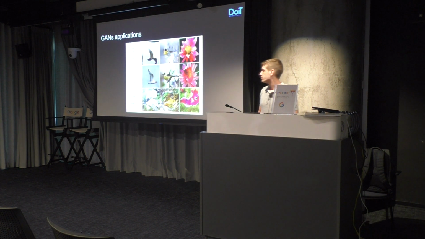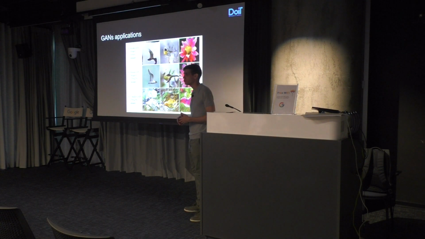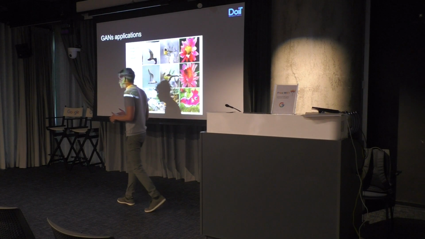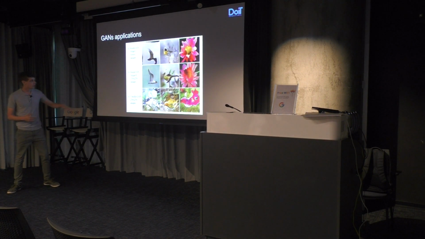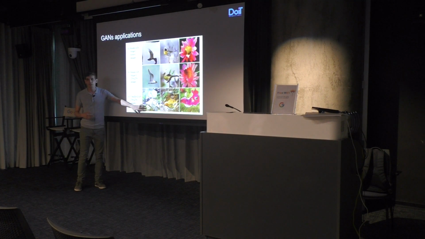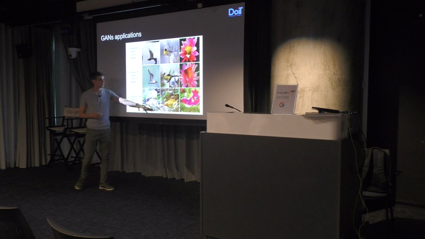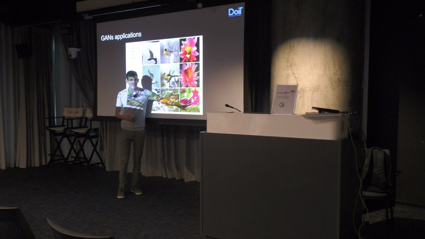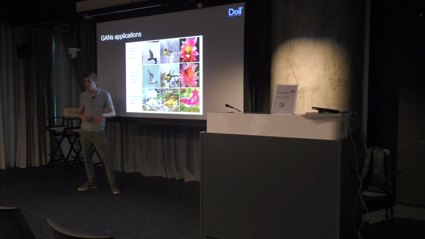Generative adversarial networks were first introduced, I think, in 2014, but the first applications were only visible in 2015. And these were the vanilla results of generative adversarial networks. We're talking about an attempt to create an image of a flower, and this should be, I think, a flying bird, like a bird in a nest or something.